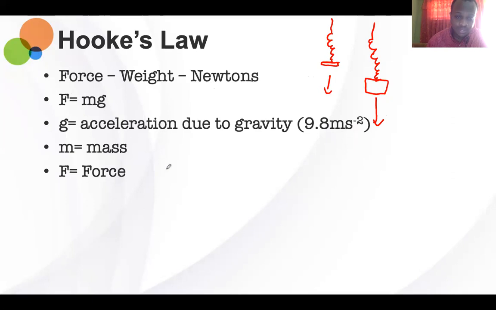So if our mass is equal to 200 grams, how do we calculate our weight?